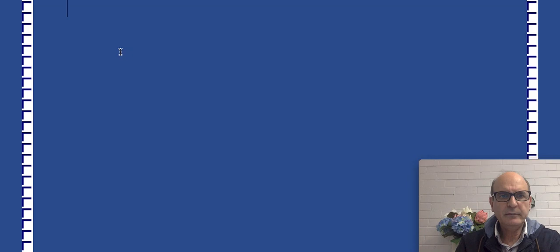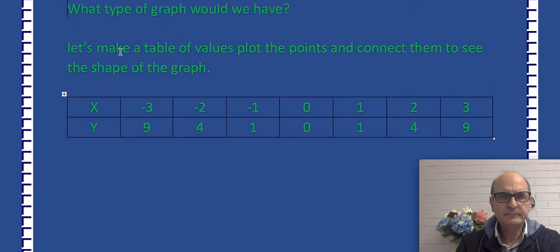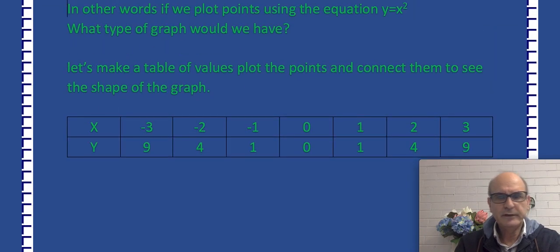If we plot those points using that equation, y equal to x squared, you know that the first step is to make a table of values. We're making a table of values using this equation. You start giving values for x from say -3, then -2, -1, 0, 1, 2, 3, going up by 1.